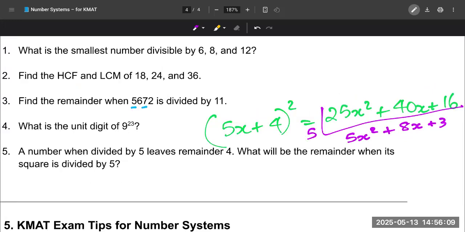What was 3? 3 is our quotient, the answer, right?